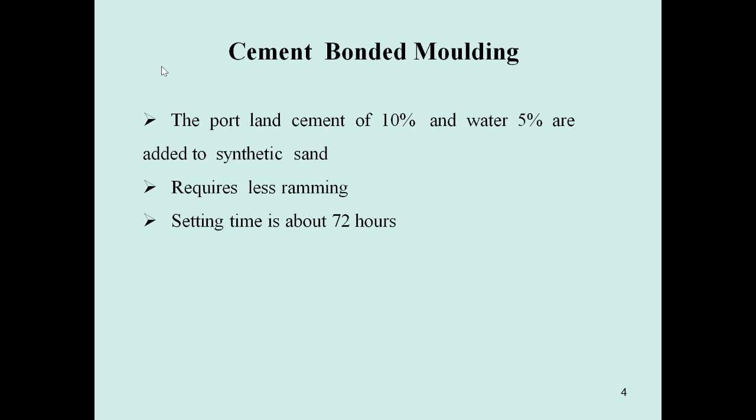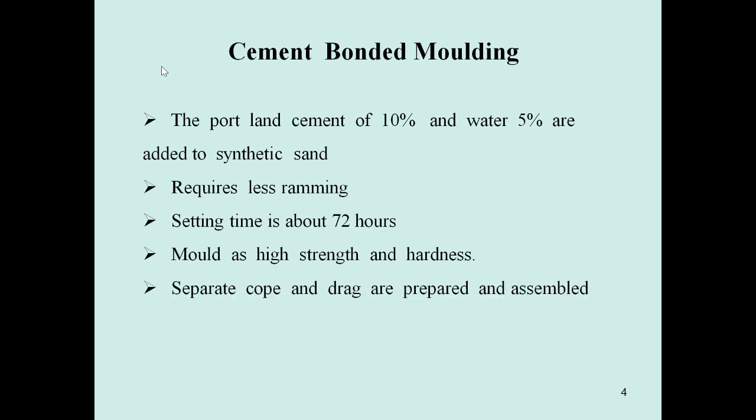That is 3 days. The mold has high strength and hardness. We are ramming the mixture of cement 10% and water 5% with synthetic sand. For this type of molding, a separate cope and drag are prepared and assembled.